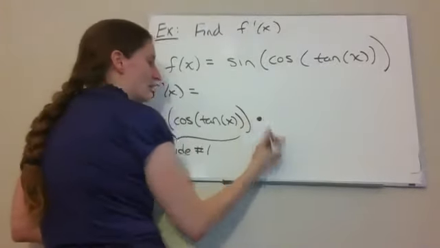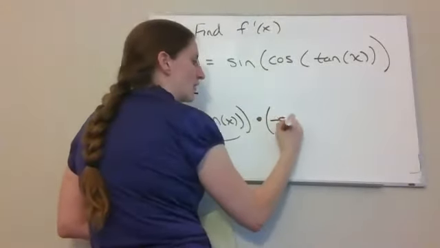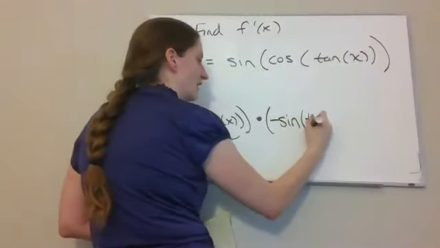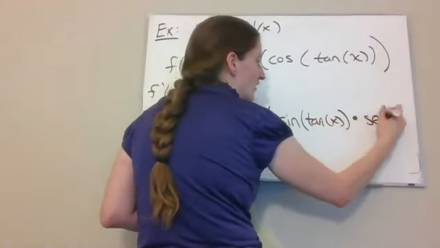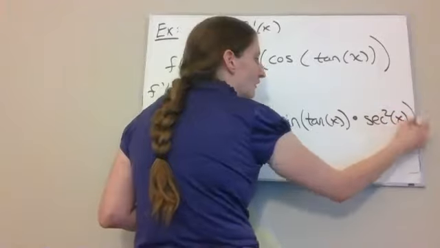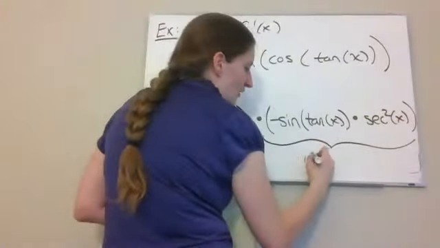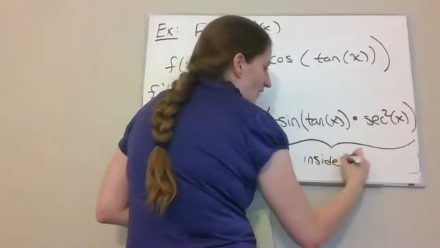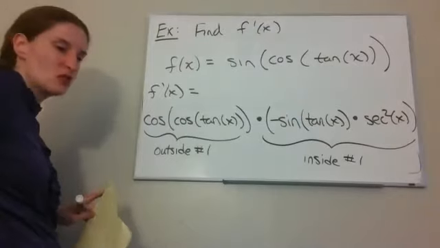And then I have to multiply it by the derivative of the inside function. Derivative of cosine is negative sine. And the derivative of tangent is secant squared. So all of this is the derivative of the inside function, but I had to do a chain rule to do that.